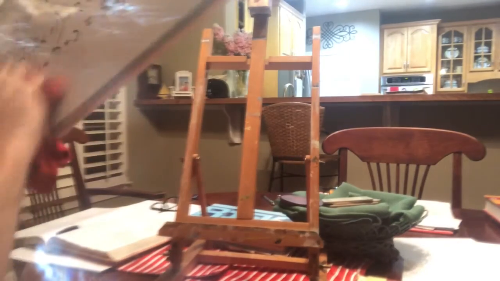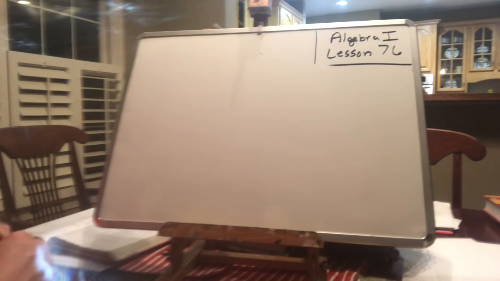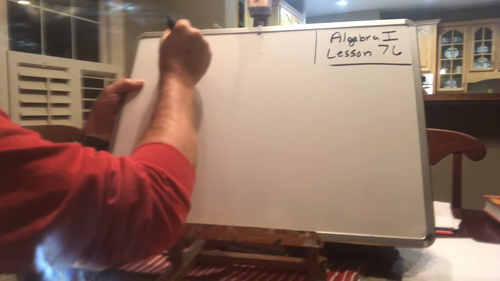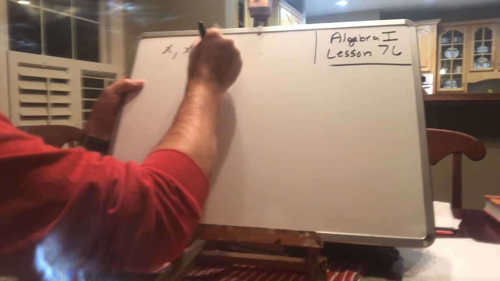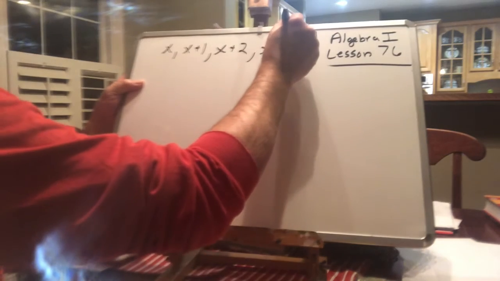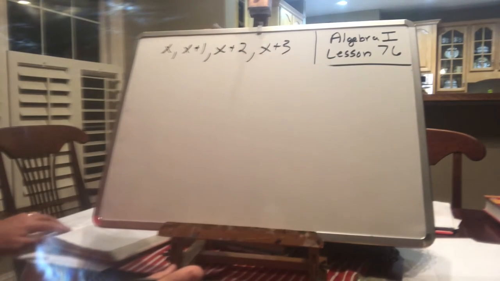Move on to the most difficult example, and it's not that difficult, that they give us before we start our lesson and we do all our practice. This one says, find 4 consecutive integers. So we have x, x plus 1, x plus 2, x plus 3.